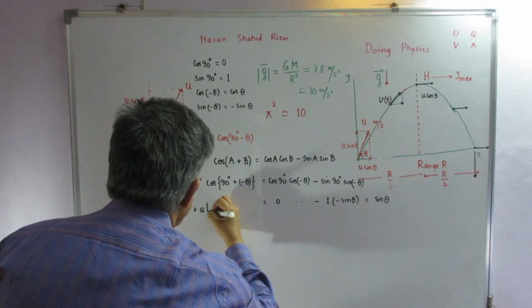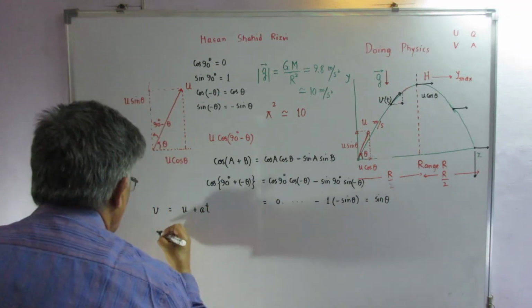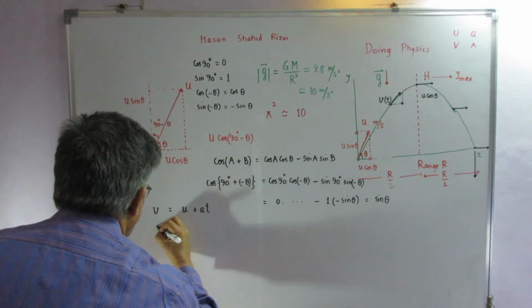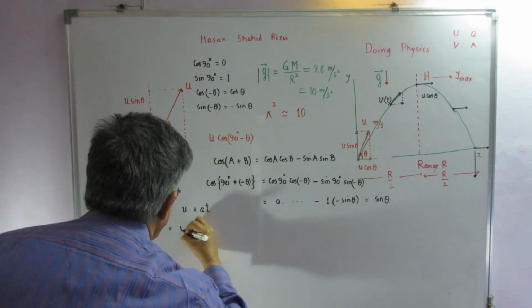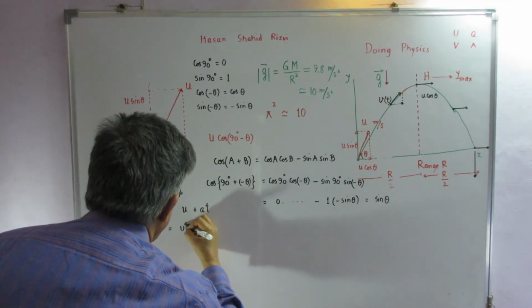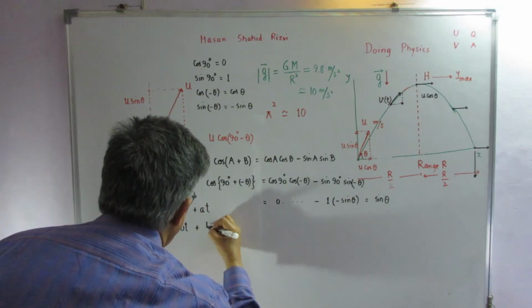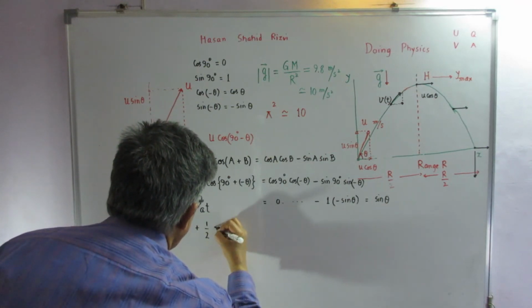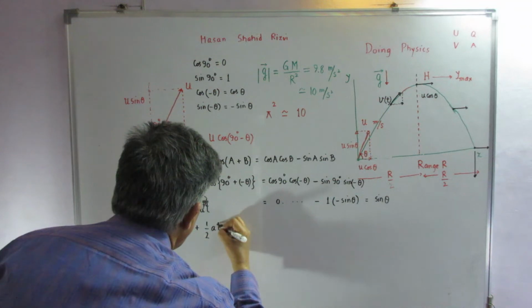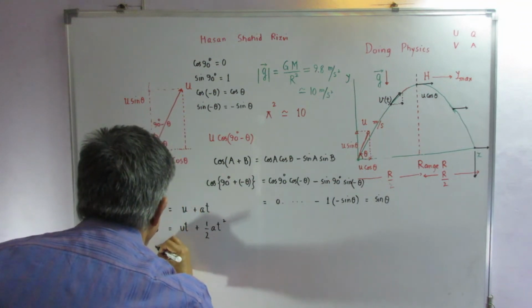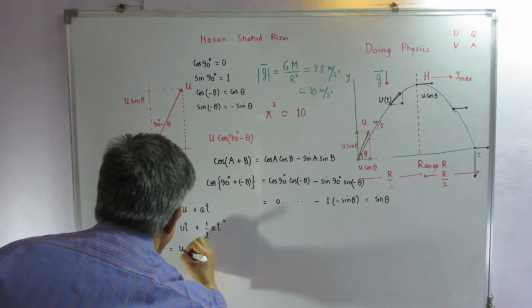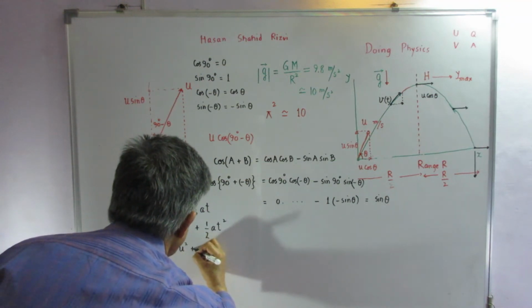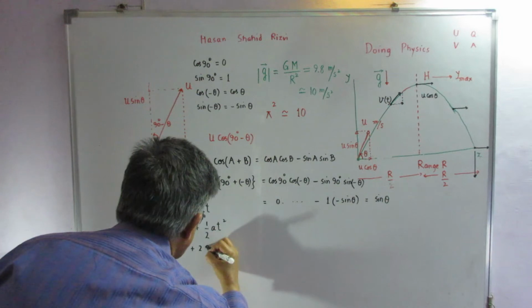I said the applications will follow. s is equal to ut plus half at square, and v square is equal to u square plus 2as.